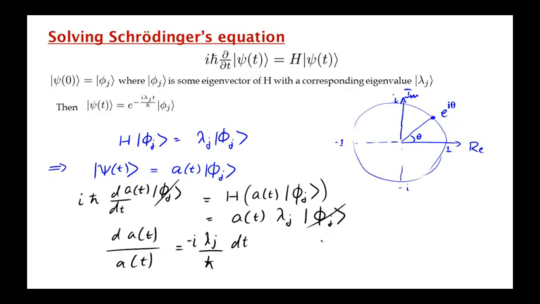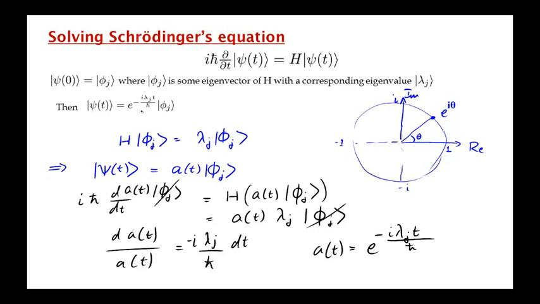It just gives e to the minus i lambda j t over h bar. Okay, which is what we wanted. So now we understand how an eigenstate of H evolves in time.